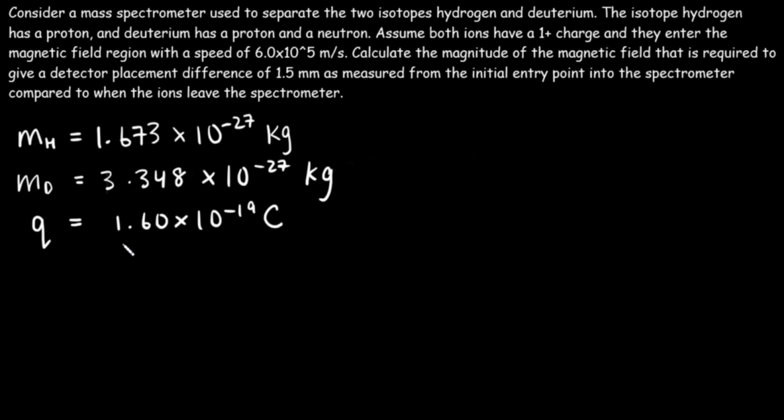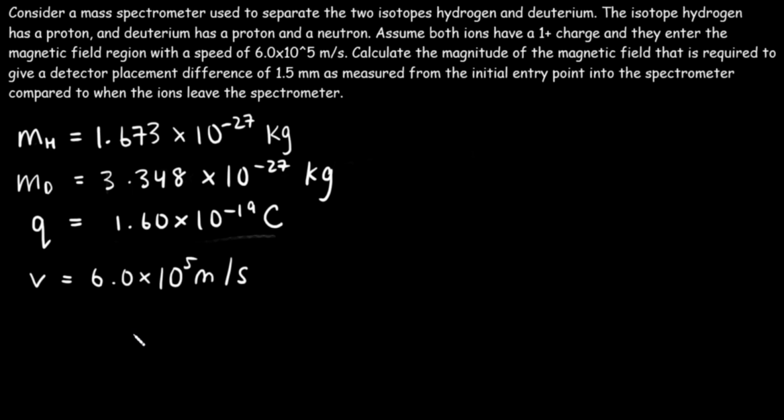Since it's only 1, this is the answer for the charge. If, for example, the charge was 2+, then you would need to multiply this number by 2. And finally, they're telling you that they enter the magnetic field region with a speed, so that's velocity, of 6.0 times 10 to the power of 5 meters per second.